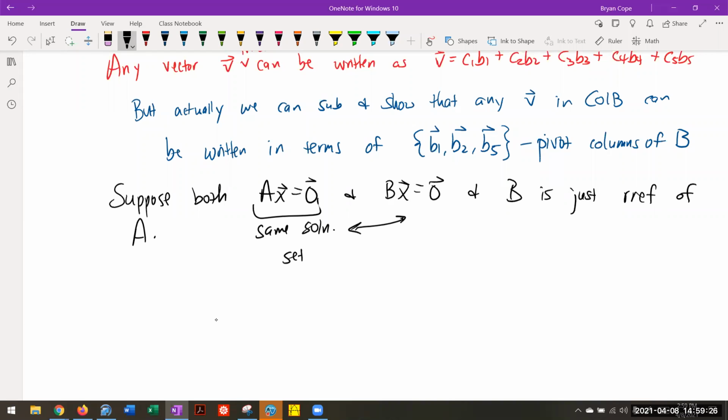If we were to make this other matrix, the non-REF form of the one we just looked at, they have the same solution set, so they have the same relationship among the columns. There's the same linear dependence relation that can be written among the columns.